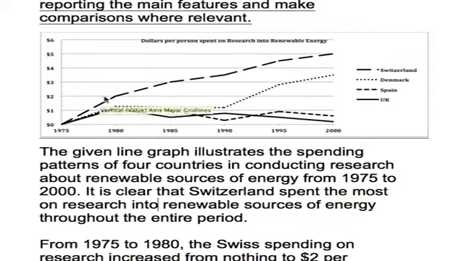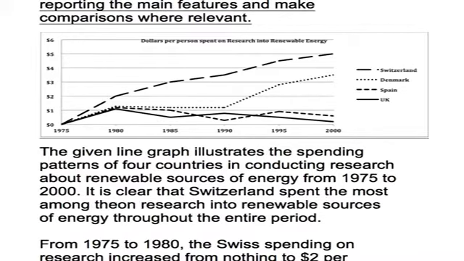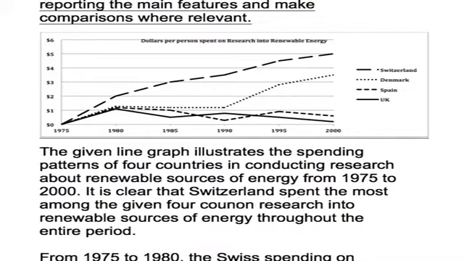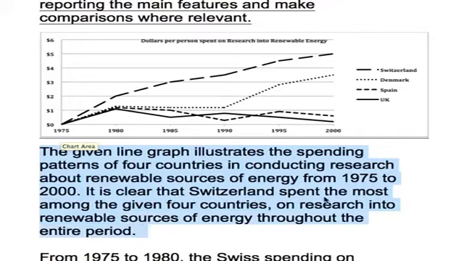So it is clear that Switzerland spent the most, the maximum among the given 4 countries, on research into renewable sources of energy throughout the entire period. So this is a 2-sentence intro. 2-sentence intro is good enough, and these are 2 long sentences.